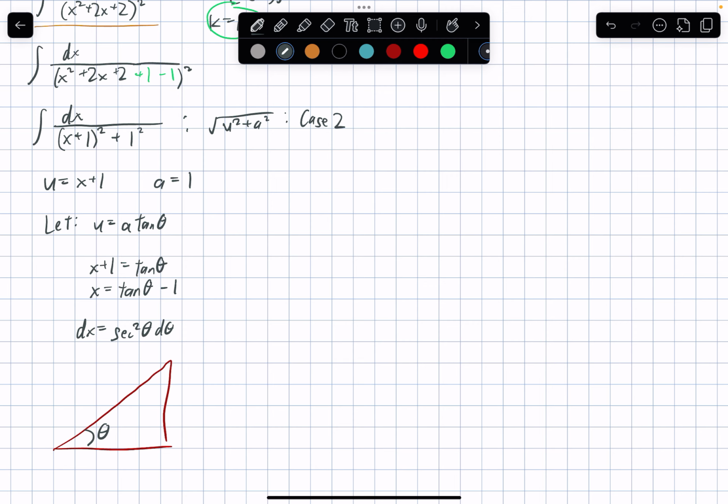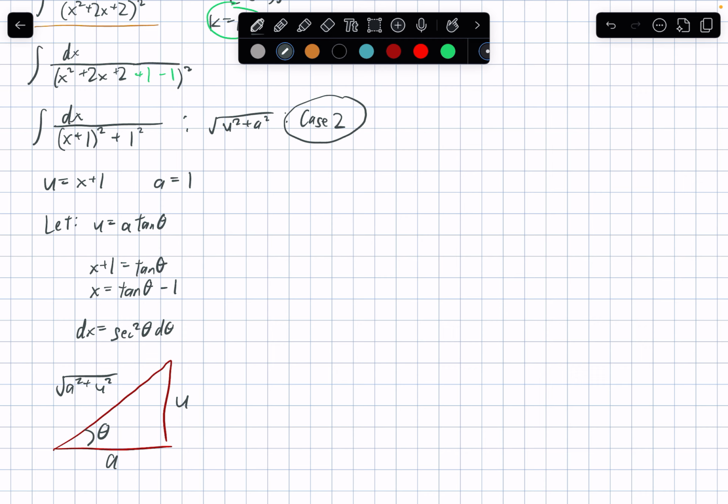This is our theta. Since this is case 2, our triangle is supposed to look like this. So u is over there, a is right here, and the hypotenuse, basically the square root of a squared plus u squared.